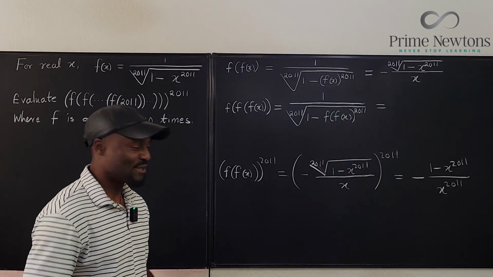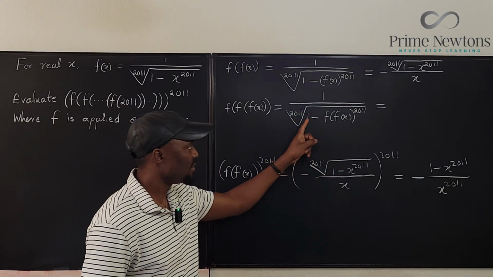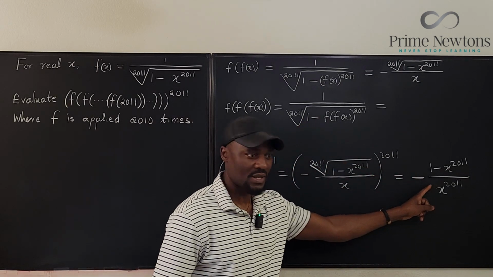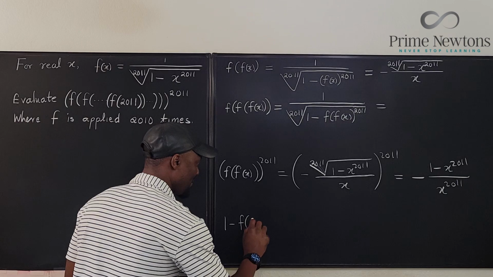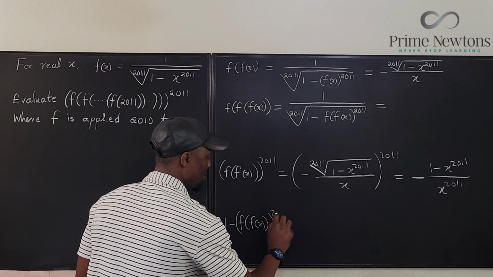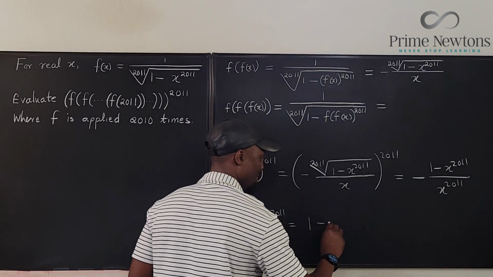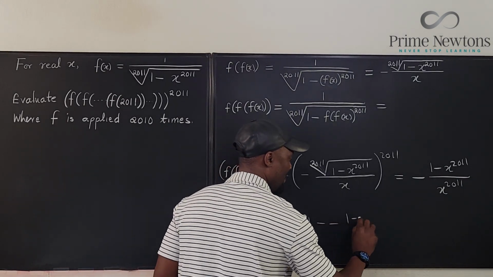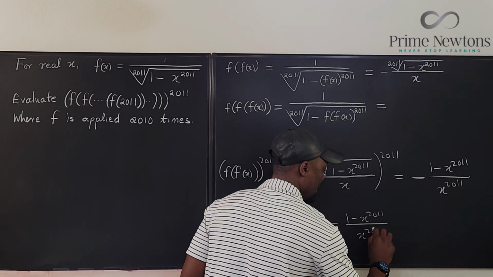Okay, now let's make it more complicated. What if we do 1 minus this? It's going to be 1 minus f of x to the 2011, which will be equal to 1 minus this, which is minus (1 minus x to the 2011) over x to the 2011.